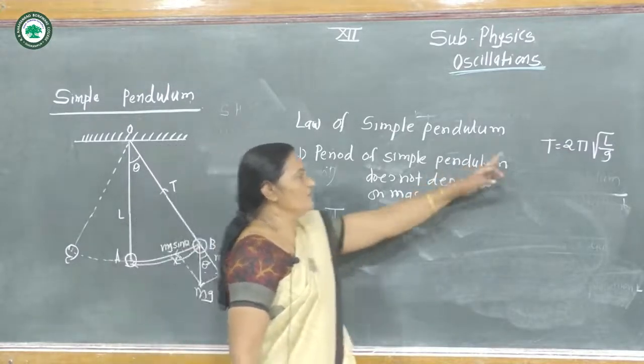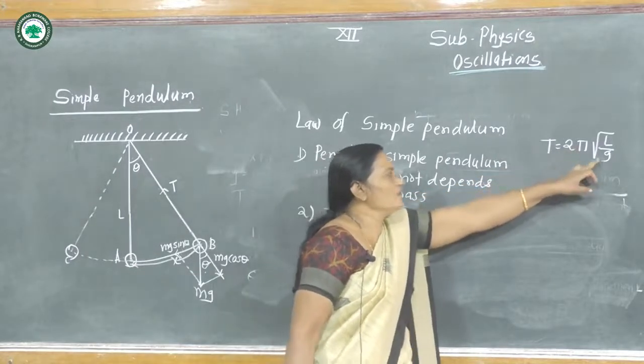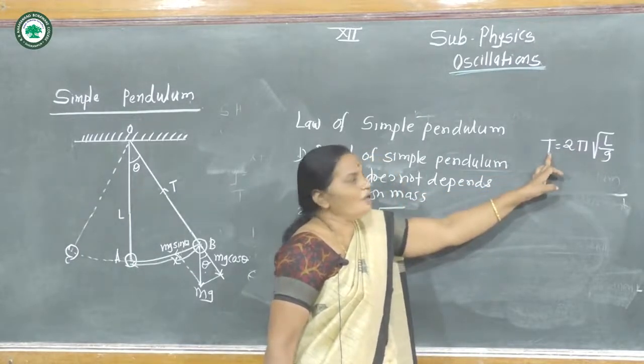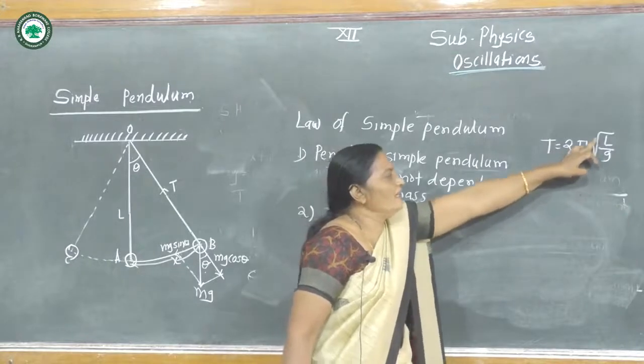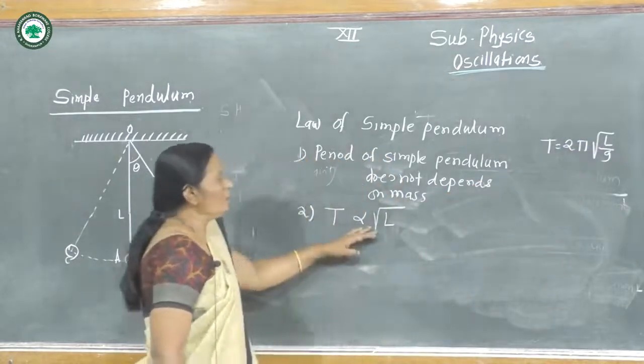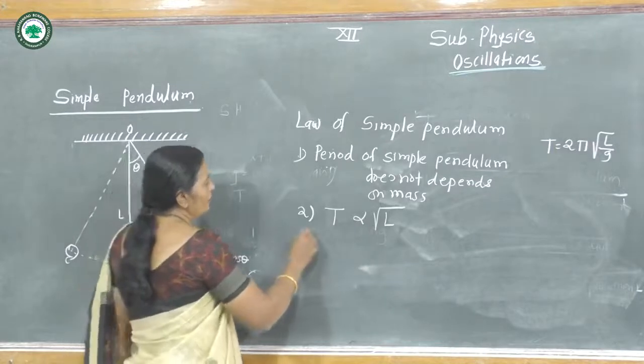Second, the period of simple pendulum is directly proportional to the square root of the length of the simple pendulum. Here 2 pi and G are constants.